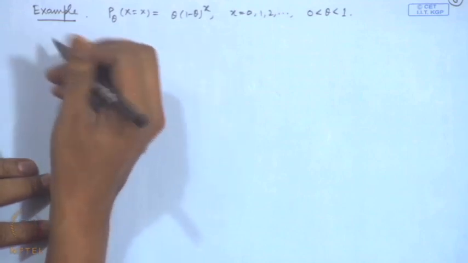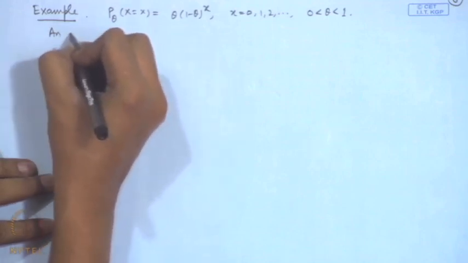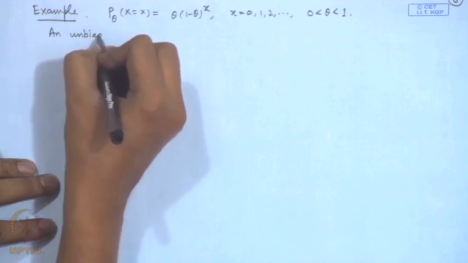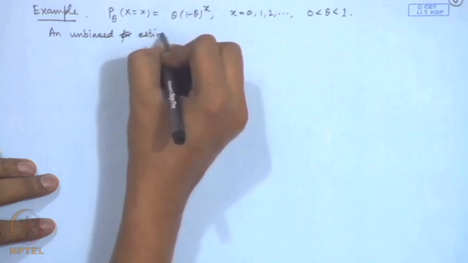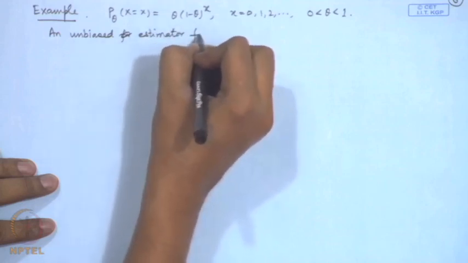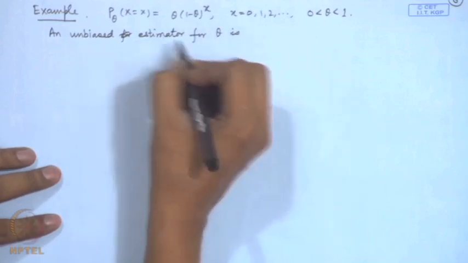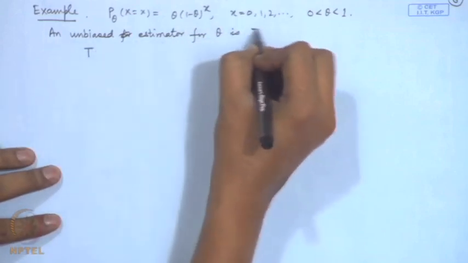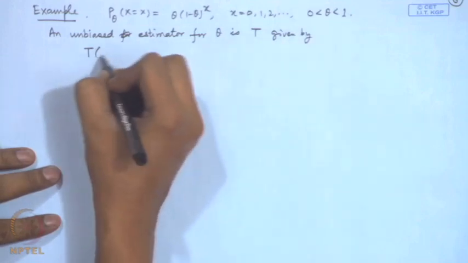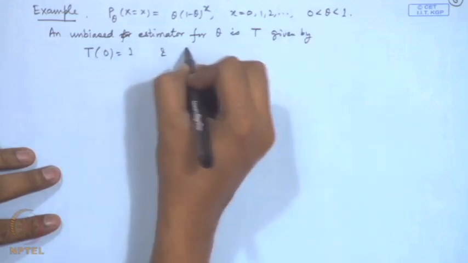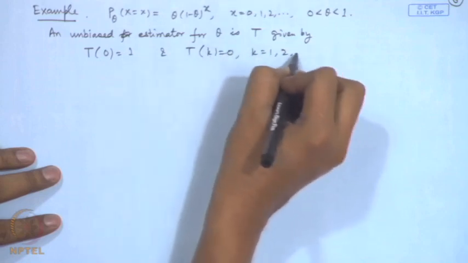In fact, for this problem we have already shown that an unbiased estimator for theta is T given by T(0) = 1 and T(k) = 0 for k = 1, 2 and so on.